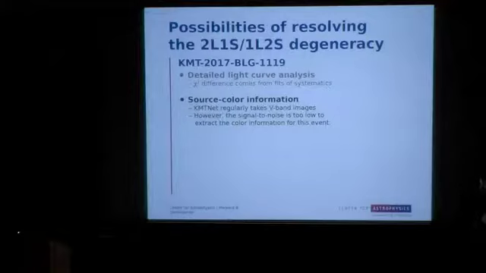The second method is to use the color information of the source. KMTNet regularly takes V-band images, but for this event, the quality of the V-band data is very poor, so I cannot apply this method.